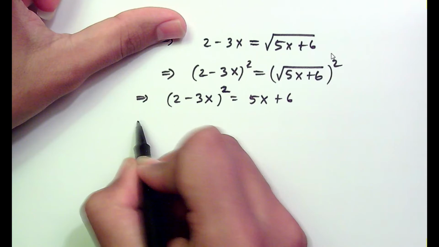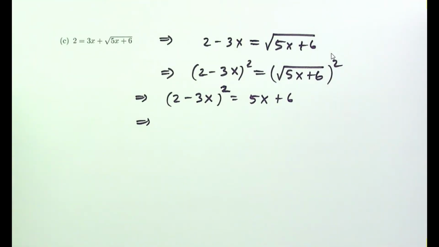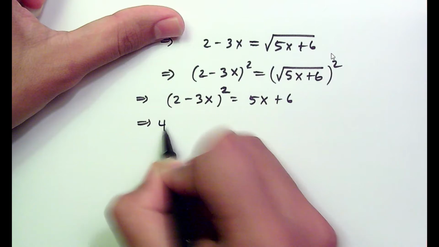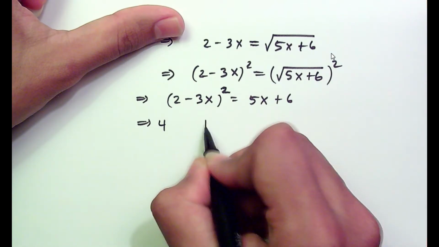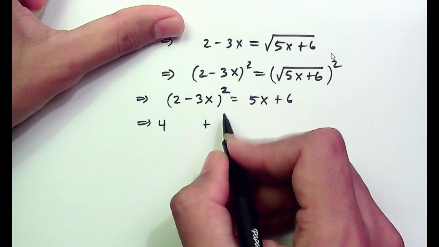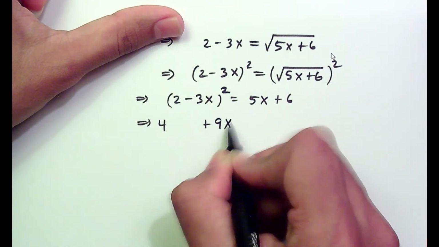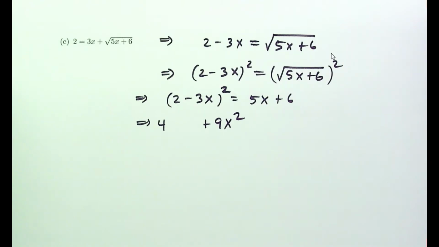5x plus 6. Okay, now square the left hand side. Either write it out twice and FOIL, or use a shortcut. The shortcut says square the first one, so 2 squared is 4, plus square the second one, so if you square this, you're going to get 9x squared, right? Negative 3x squared is positive 9x squared.